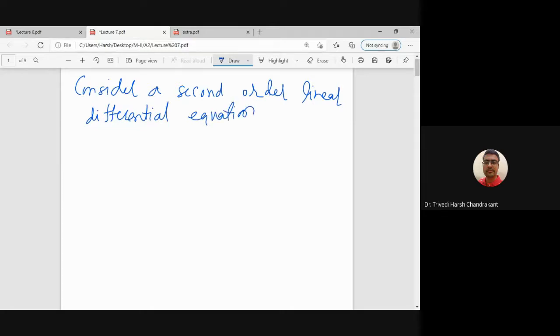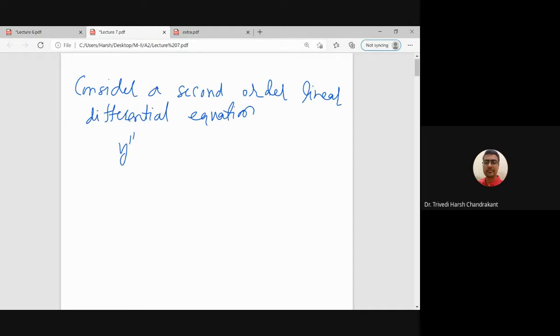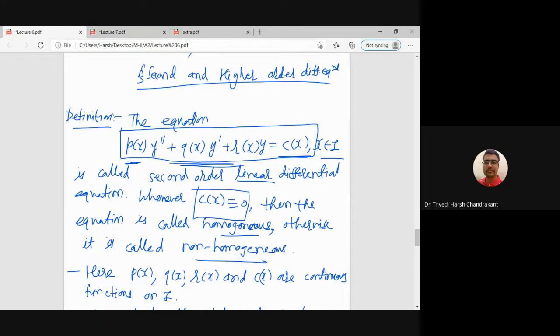The general form, by making the coefficient of y double dash 1, will be of this form. If you confuse the earlier p and this p, then we can also use, instead of p(x) and q(x), a(x) and b(x) here. Essentially, this p is different from the earlier p. That is what I want to say.